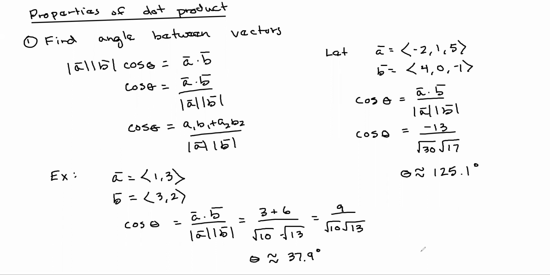Okay, and so that's the first property of the dot product, is that dot products can be used to go through and find angles between vectors. Property 2.